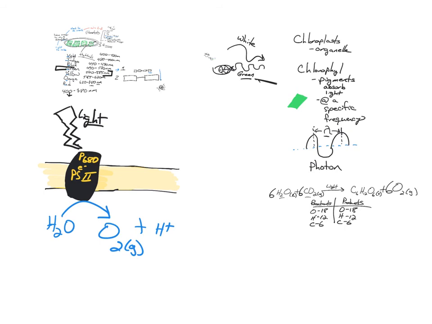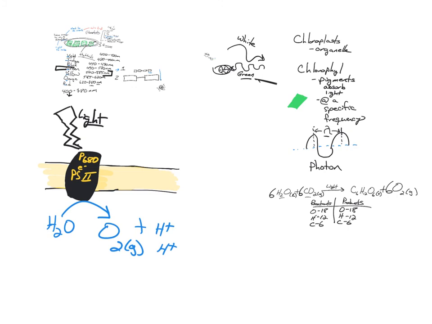Now once that happens, this electron is ripped off. Where did that electron come from? It came from the hydrogen. All right? These hydrogens are not floating in the air or in the lumen. But the electrons were ripped off. That electron is going to be used to make that high energy.